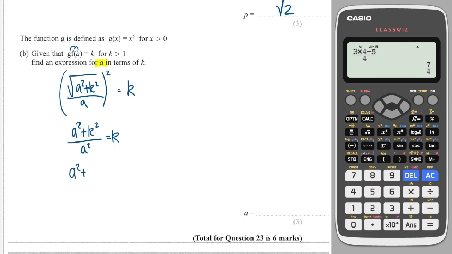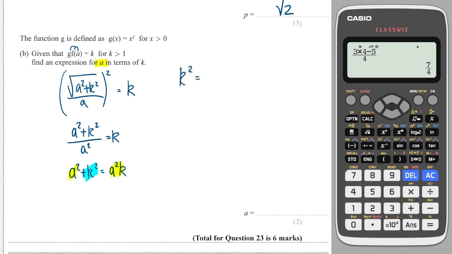So first off, I will multiply both sides by a squared to get this, and then all the terms that have an a in it I'll put on the left side, and all the terms that... no, actually I'll put all the a squares onto the right side. That'll be easier because it means I just have to move that one a squared over.